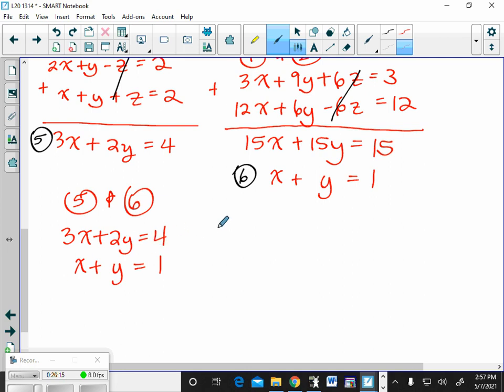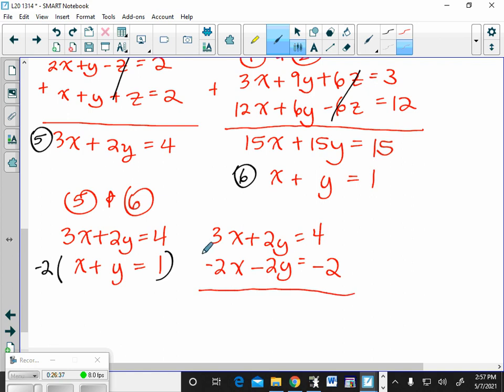What if I kept this equation, 3x plus 2y equals 4? And what if I multiplied this equation 6 by a negative 2? Let's see what happens. Negative 2x minus 2y equals a negative 2.